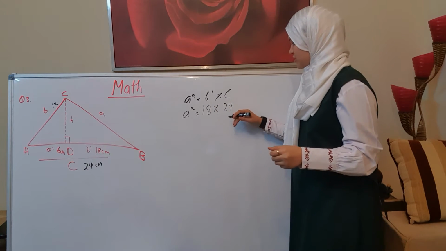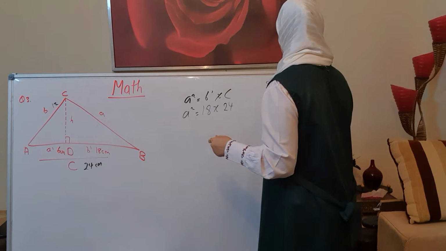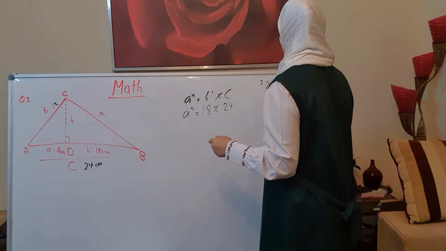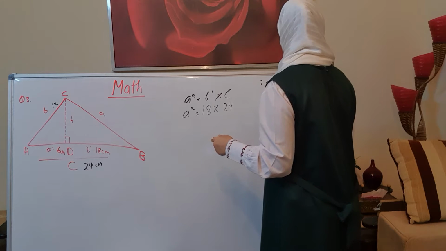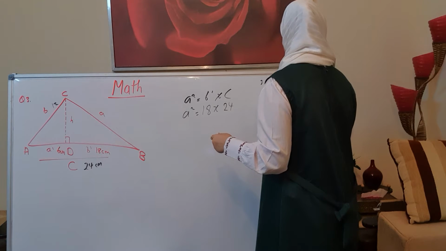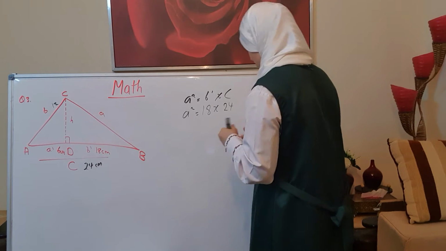That means we'll bring 24 and multiply by 18: 8 times 4 is 32, 8 times 2 is 16 plus 3, it will be 19, and 1 times 4 it will be 4, 1 times 2 it will be 2, and here it will be 432.